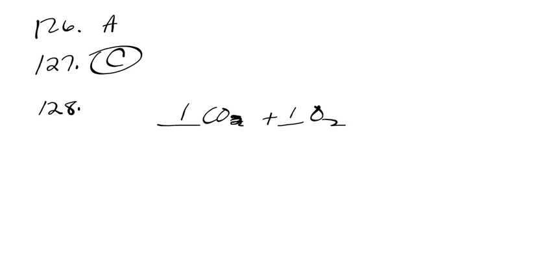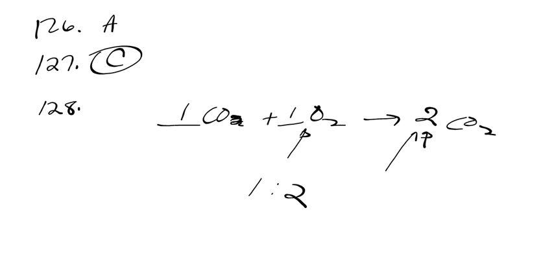They're asking what's the mole ratio of oxygen used to moles of CO2 produced. So they're telling you where to stop. They're telling you oxygen is the first one, so it's 1. To carbon dioxide, it's 2. It's 1 to 2. If you read it wrong and you get 2 to 1, it's wrong. So it's 1 to 2. Answer is C.